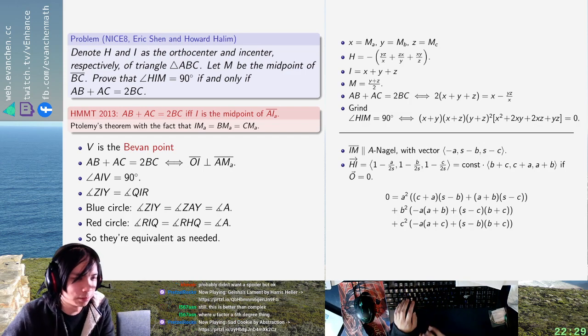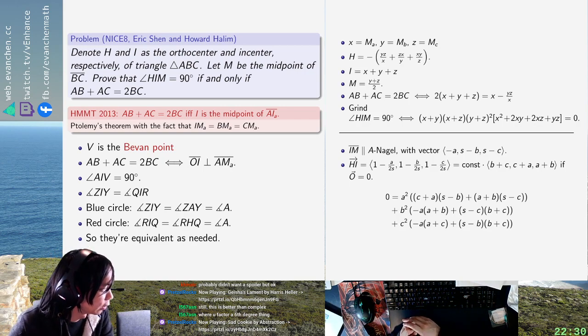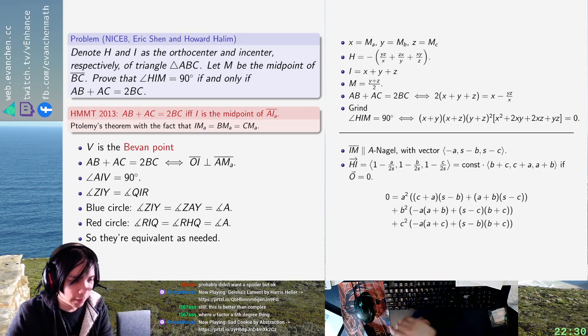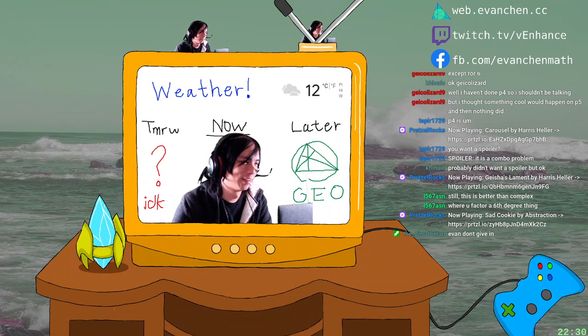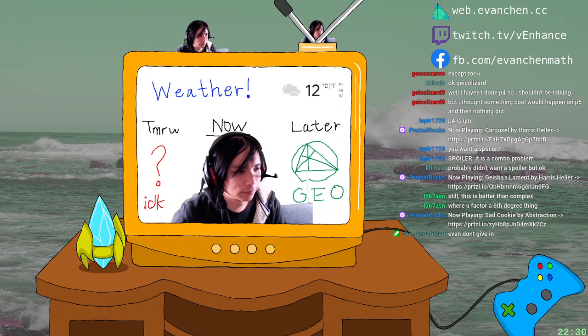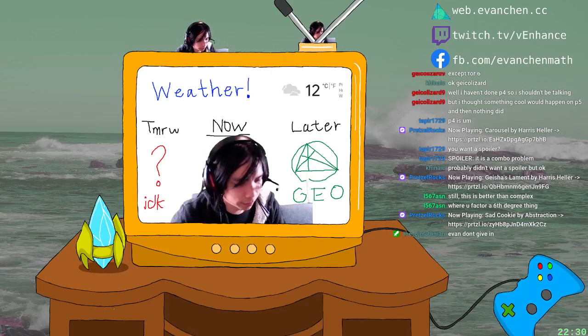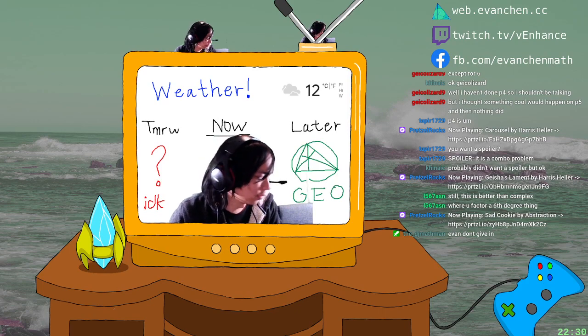Okay, I'll just leave it at that. The point is that this will work better because it's degree 4 and you can probably just get it. Oh man, I actually spent a while on this.